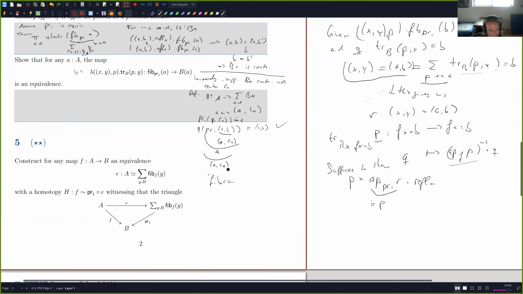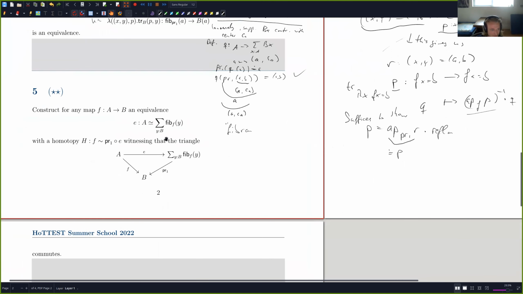Okay, so in this case, this has a special name, and it's called fiber replacement of F.